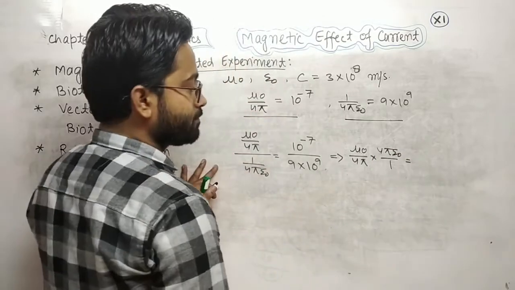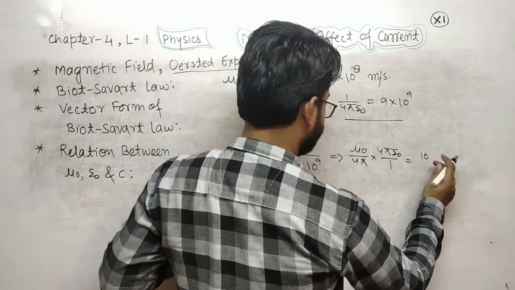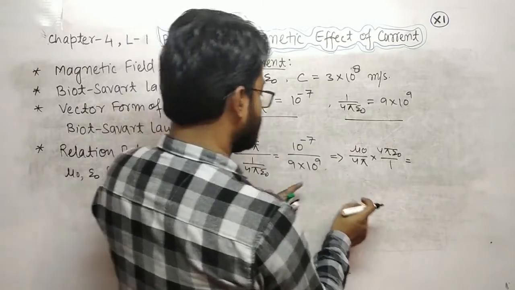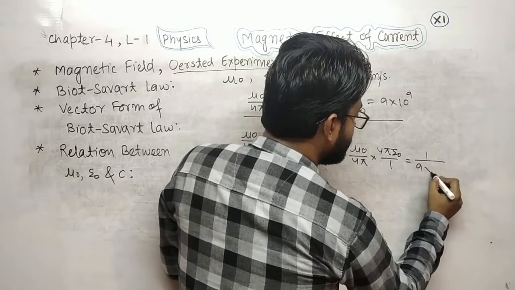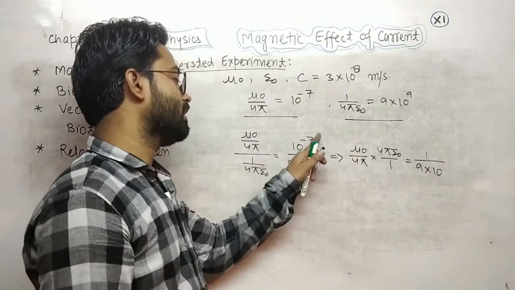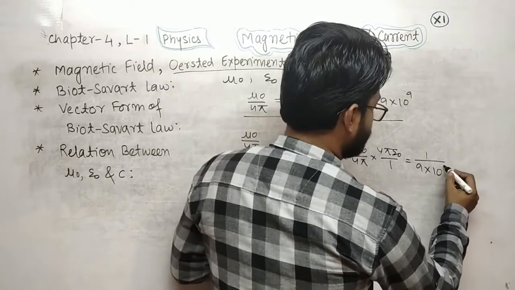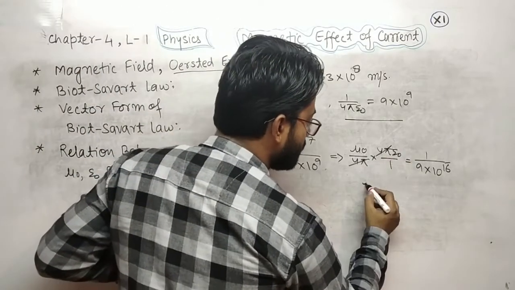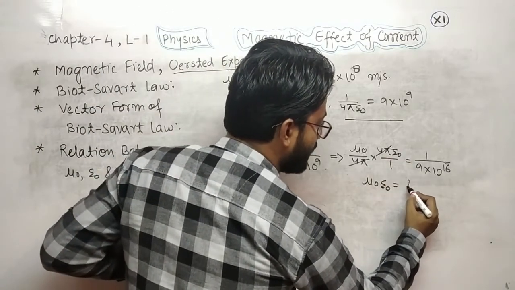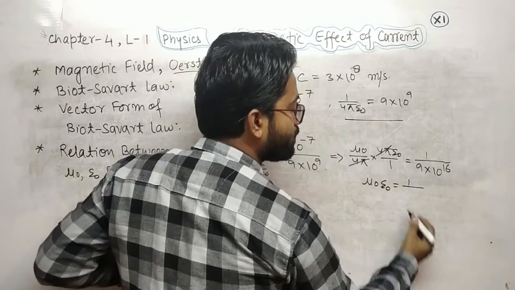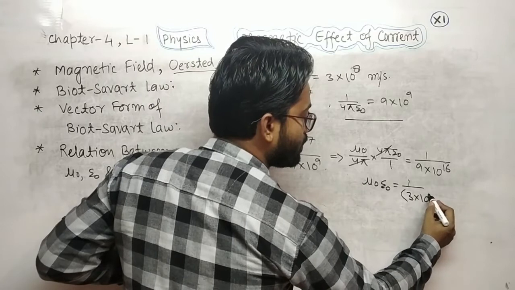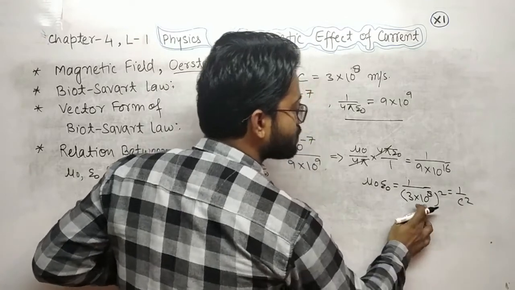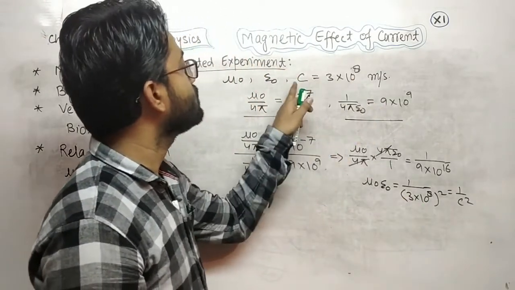After solving this, you will have mu naught by 4 pi into 4 pi epsilon naught upon 1. Just take that into downside. What will happen? 9 into 10 to the power 9 and 7, that is equals to 16. 4 pi will be cancelled out. Mu naught into epsilon naught is equals to 9 into 10 to the power 16. It can be written as 3 into 10 to the power 8 whole square. Simply you can write 1 upon c square, because 3 into 10 to the power 8 is equals to c.